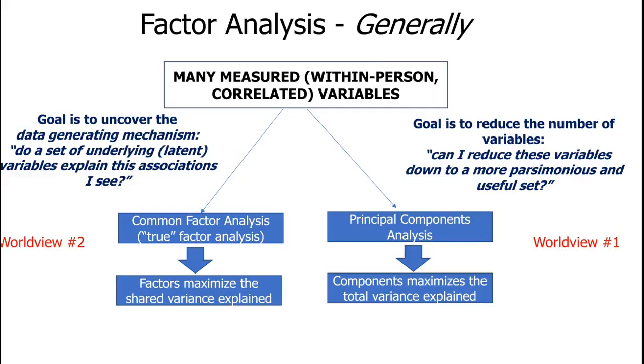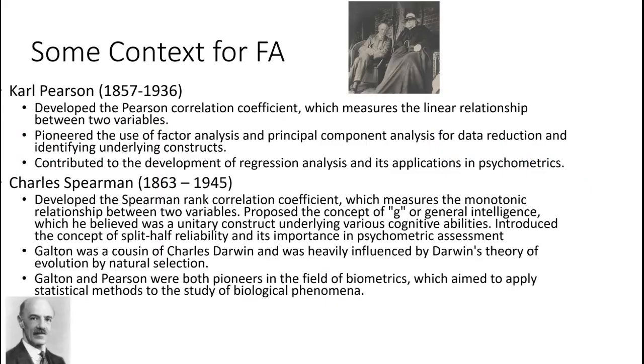So contextually, this grew out of the work of some seminal early psychologists like Spearman and Pearson, who developed correlation coefficients to measure associations between pairs of variables. They did overlap very much so in terms of the times that they lived.